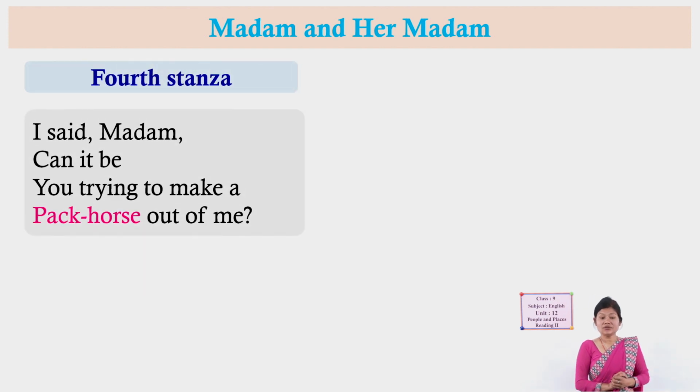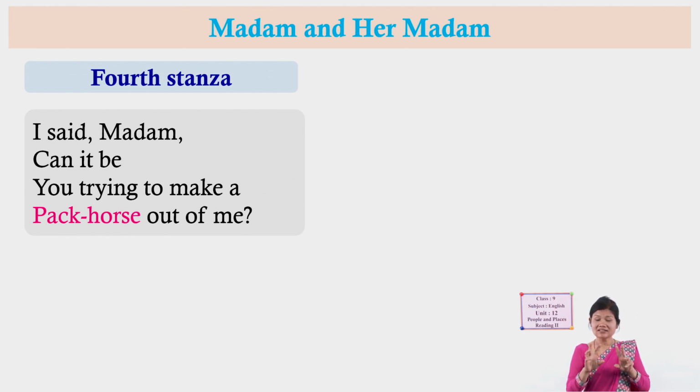Now the fourth stanza, look here. I said, Madam, can it be you trying to make a pack horse out of me? So what do you find in this stanza? One day, the madam, that means which madam here?